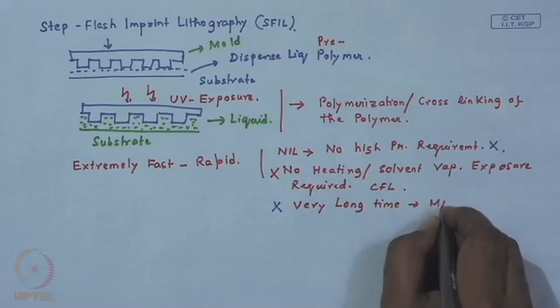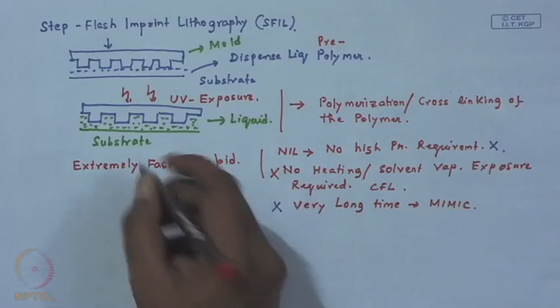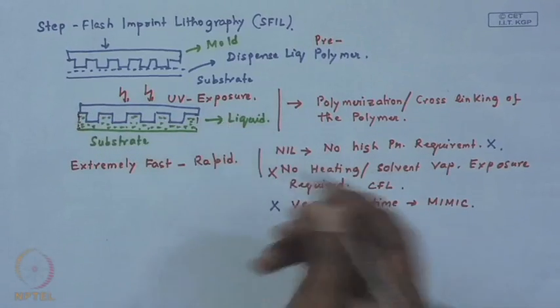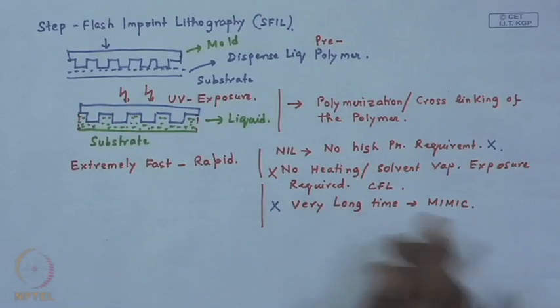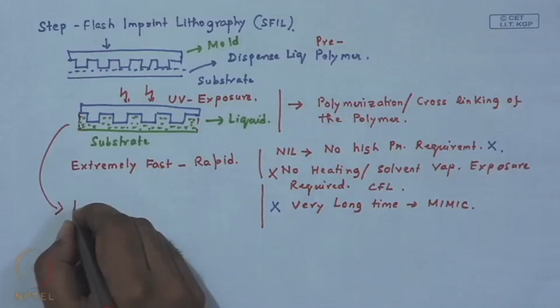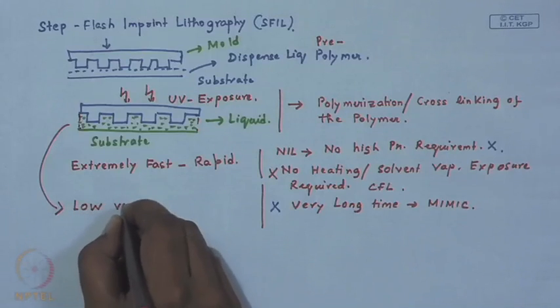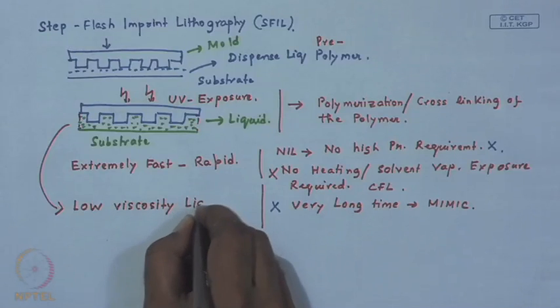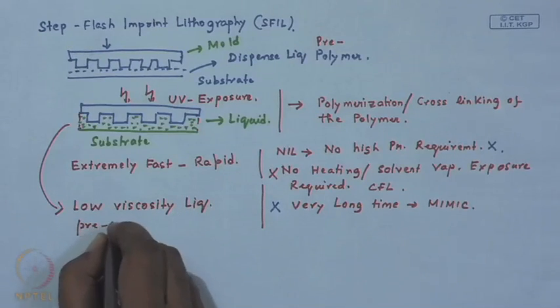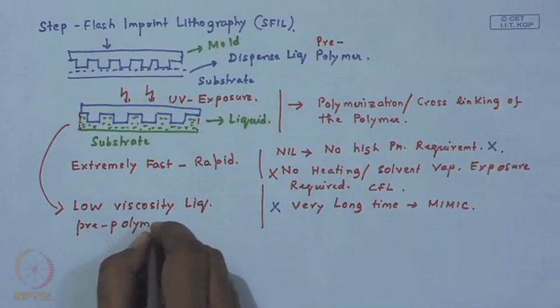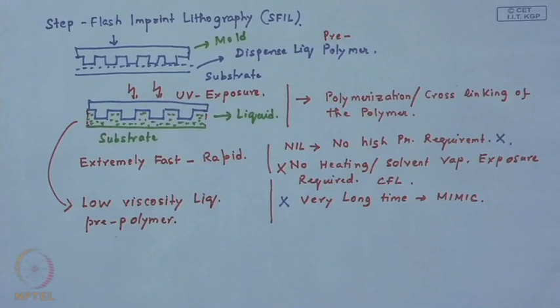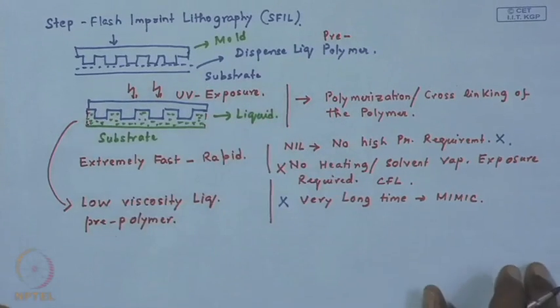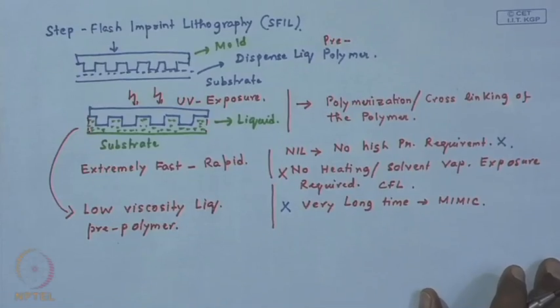The biggest advantage is that you take a pre-polymer which is in a freely flowing liquid condition. So, it is a low viscosity liquid pre-polymer, and therefore, once you bring in the mold on top of it, maybe you apply a little amount of external pressure, maybe you do not put in any pressure.